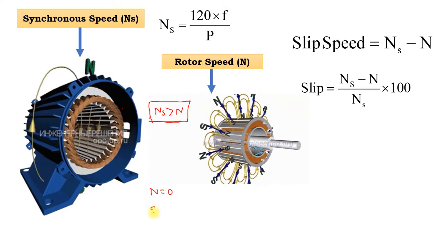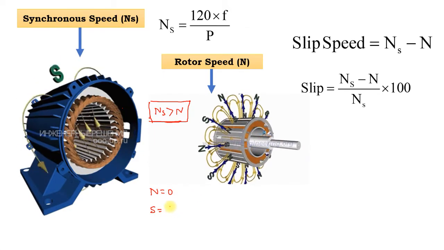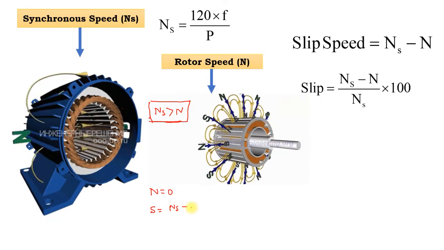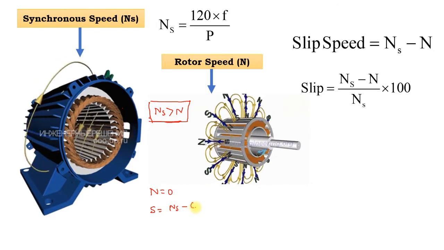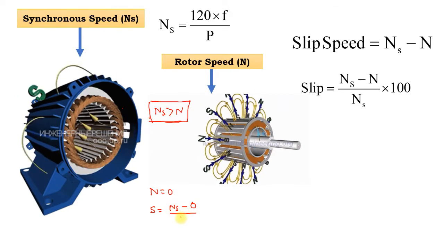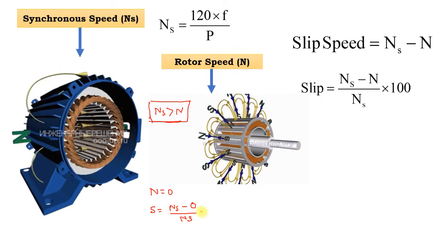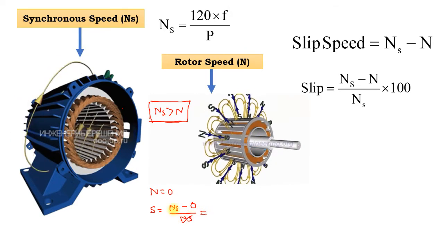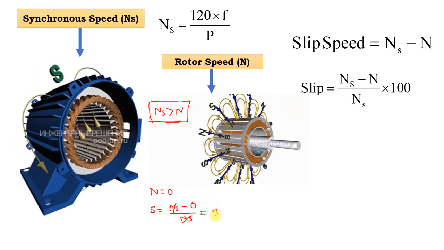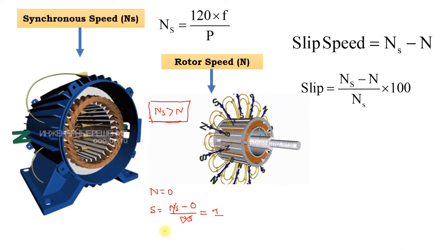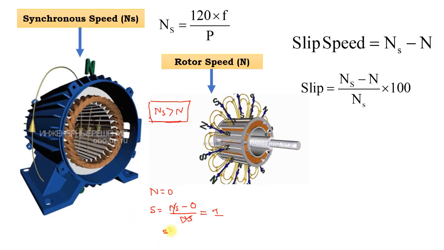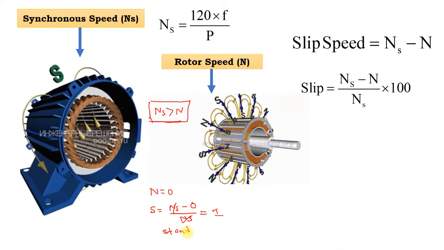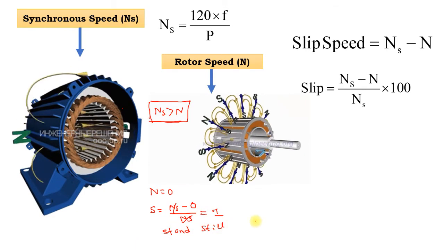Slip is equal to (Ns minus N) divided by Ns, and with N equal to 0, Ns gets cancelled, so the slip is going to be 1. This is true when the rotor is in standstill condition.